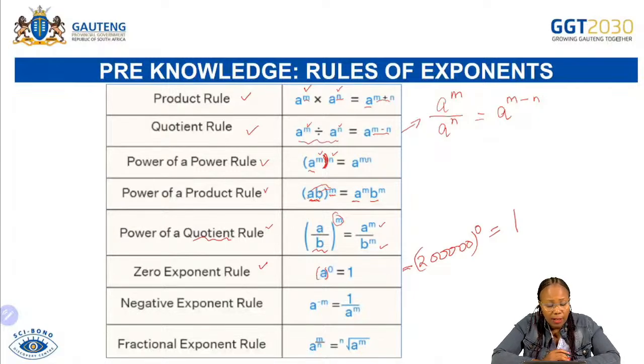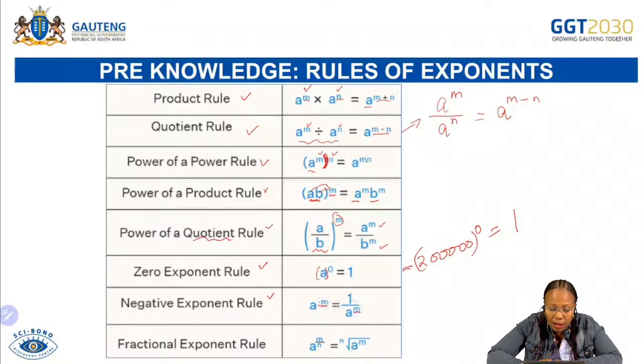Okay. And then now the negative exponent rule. This means now you are having a negative on your exponent or on your index. So that means now here we have an exponent with a negative. So this will become 1 over a to the power m, which is the same exponent.